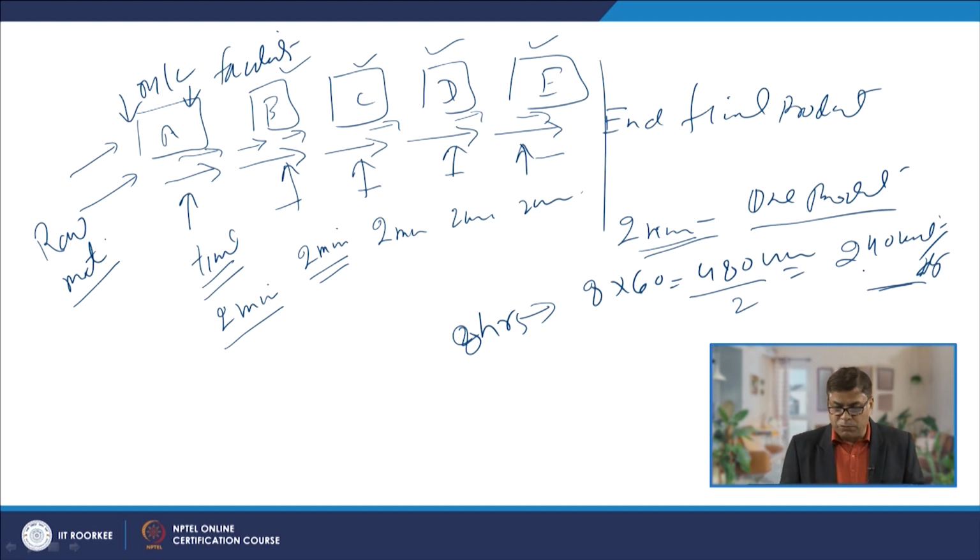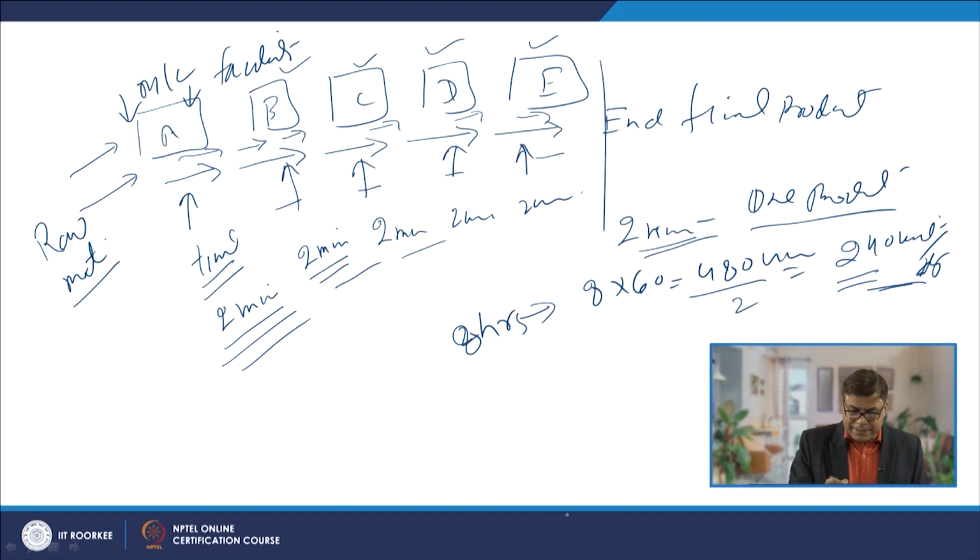In this scenario, the line is designed in such a way that the job is done in 2 minutes at each station, giving a daily output of 240 units.